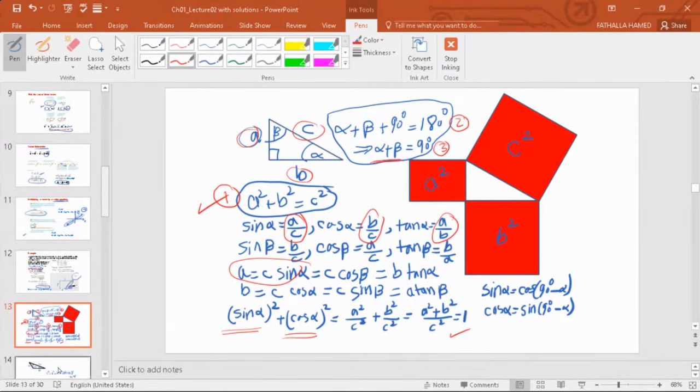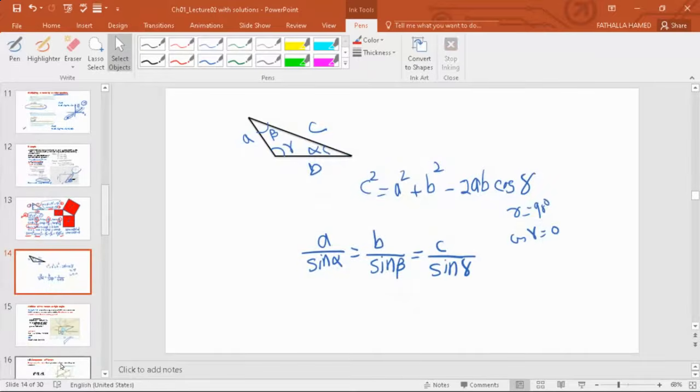Now, what happens if you do not have a right angle triangle? You can use the law of cosines. And the law of cosines tells you that C squared is equal to A squared plus B squared, similar to what you have, minus 2AB cosine gamma, where gamma is the angle between A and B. So if you do not have a right angle triangle, you can always use this.